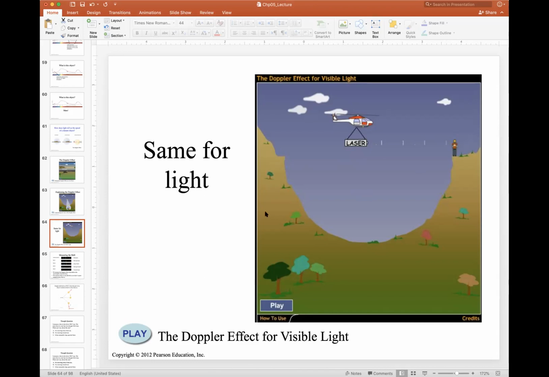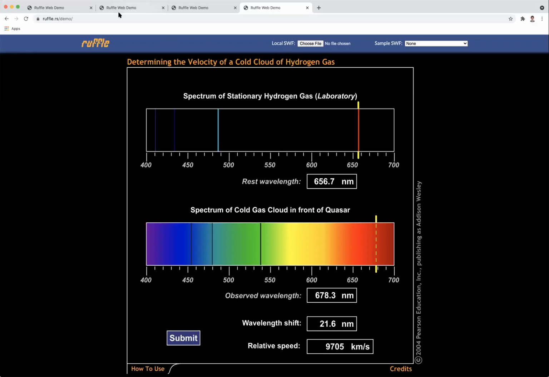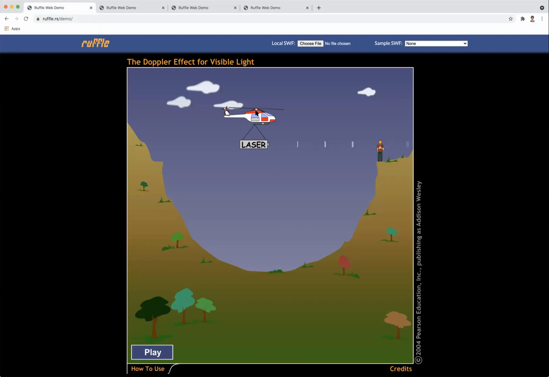So here I have a laser beam, and it is stationary, right? It's producing the light, and the waves are consistent with one another.